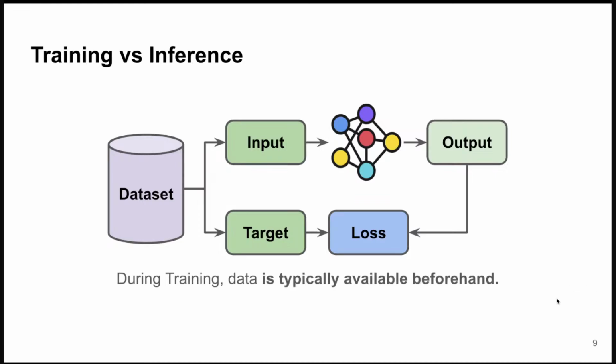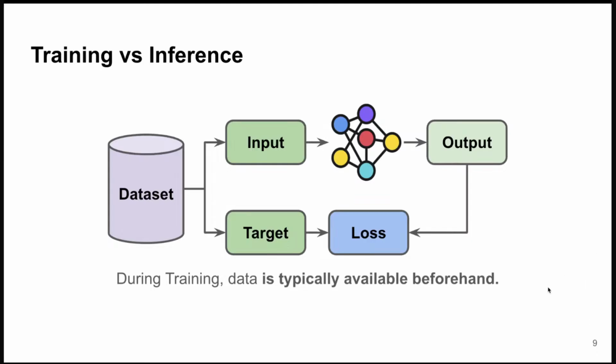This is a very simple schematic of a model being trained, where we have a data set in which the data is typically available beforehand. We extract from that data set an input that we want to feed the model, and also the target, which is what we want the model to generate given that input. The model generates an output, and then we compare the target with the output through a loss function.